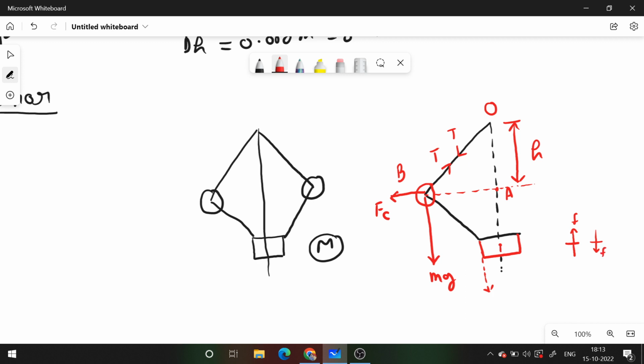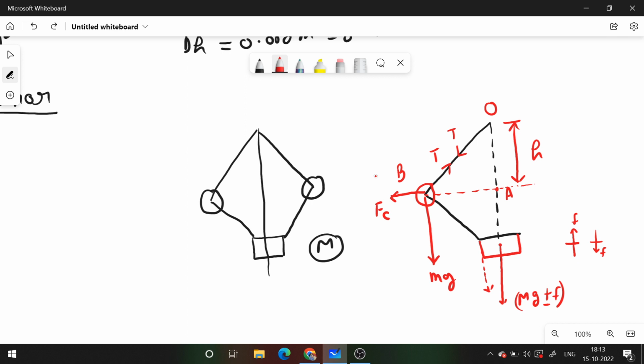So the total net force acting at the center of the sleeve will be Mg plus minus f, where capital M is the mass of the sleeve, g is the gravitational acceleration, and f is the frictional force acting between the sleeve and the spindle.